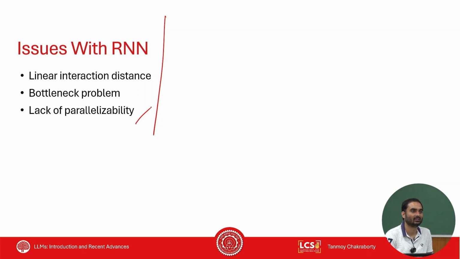The second problem, if you think about it very carefully, is that the sequence to sequence model considers every pair of interactions, let's say hidden state t and hidden state t plus 1, hidden state 1 and hidden state 2, hidden state t plus 5 and hidden state t plus 6, every consecutive pair of interactions, in a similar way. So the interaction distance is considered linear.